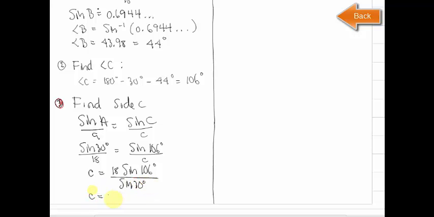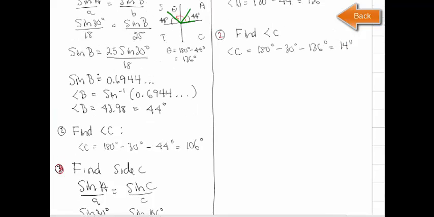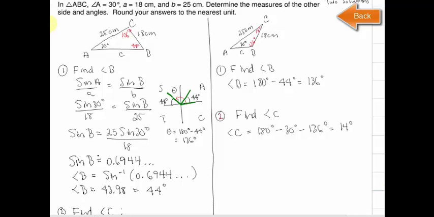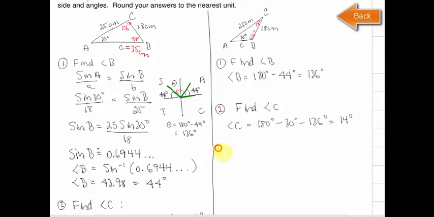And I get that side C is about 34.605, which rounds off to 35. Okay, so I'll put that on my diagram. Okay, and then I will work it out on the next triangle.